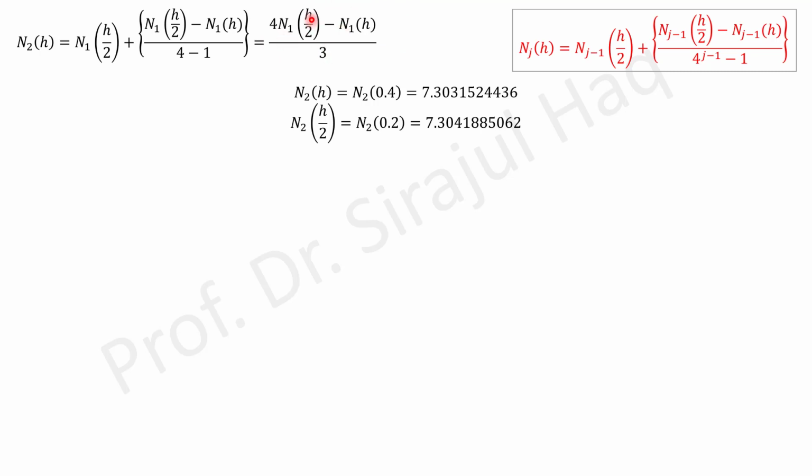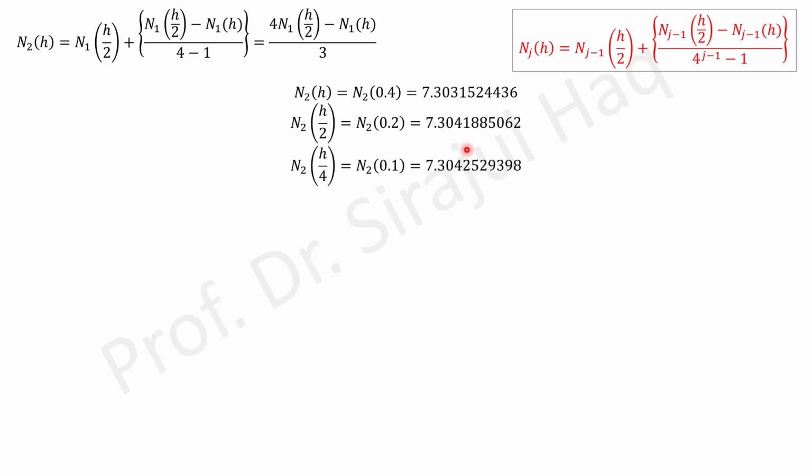You will be getting N1 of 0.2 divided by 2, which is N1 of 0.05, which you have computed before, and N1 of 0.2 you have computed before. Substitute the values over here, and you will be getting N2 of 0.2.